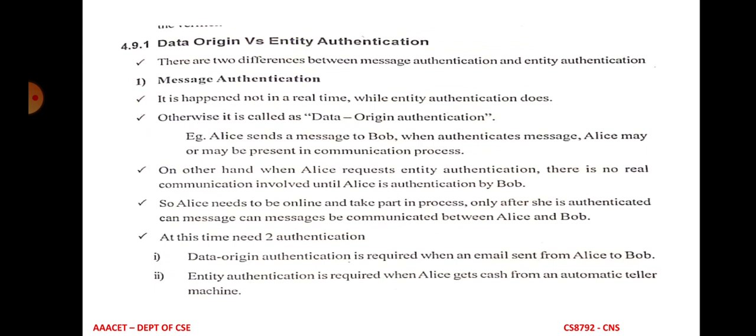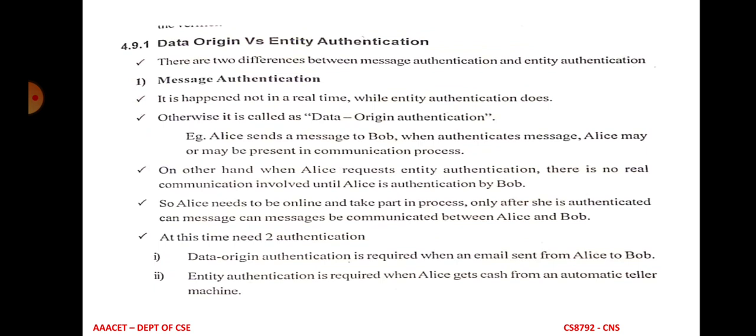So Alice needs to be online and take part in the process only after she is authenticated, and then communication happens between A and B, that is Alice and Bob. So at this time we need two kinds of authentication: one is data origin authentication and another one is entity authentication.